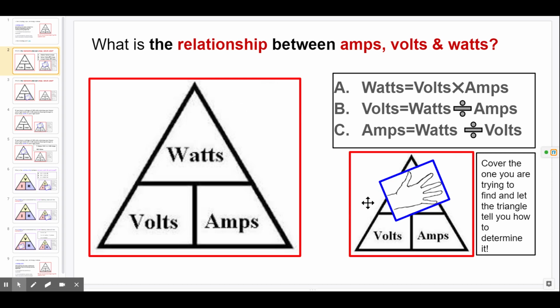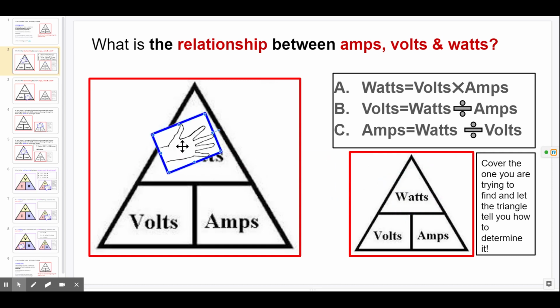If we want to know what watts is equal to, we can cover up watts, and then watts is equal to what we see. We see volts next to amps. That means watts equals volts times amps.